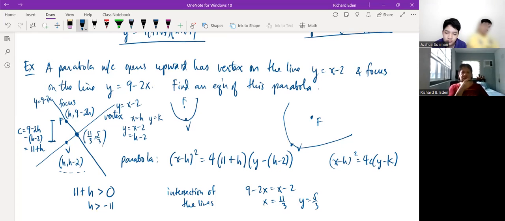And in fact, h has to be greater than 9 minus 2h greater than.